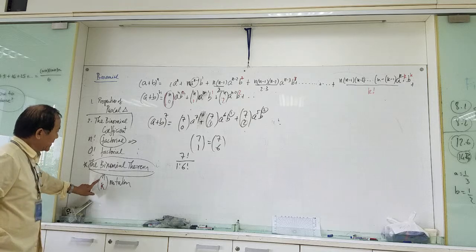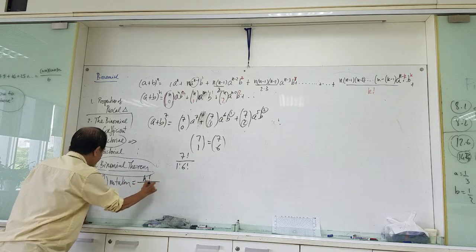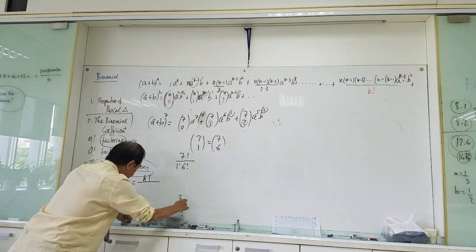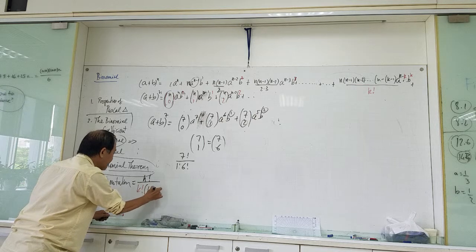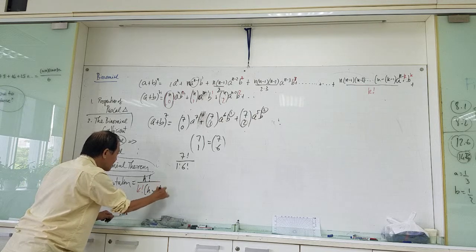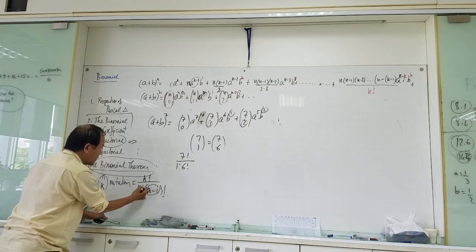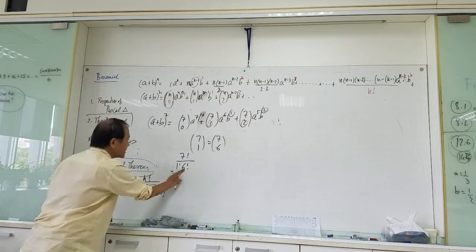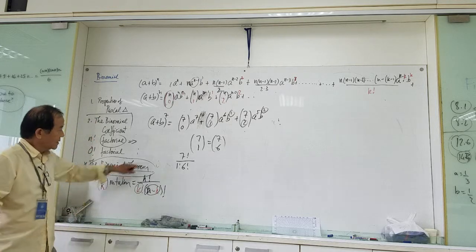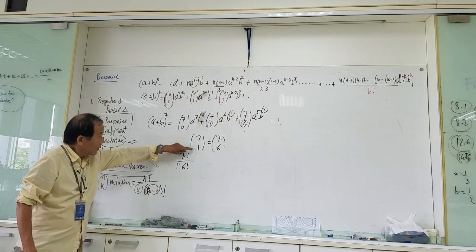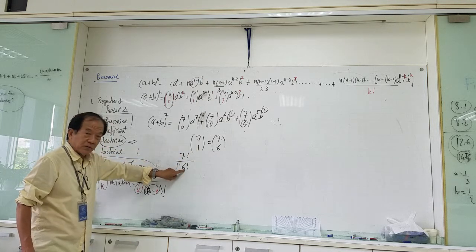So the notation of this one is n factorial divided by k factorial and n minus k factorial. You add this one and this one, always equal n. You add 6 plus 1, always equal 7. So now we apply this notation here: 7 factorial, 1 factorial, and 7 minus 1 equals 6.